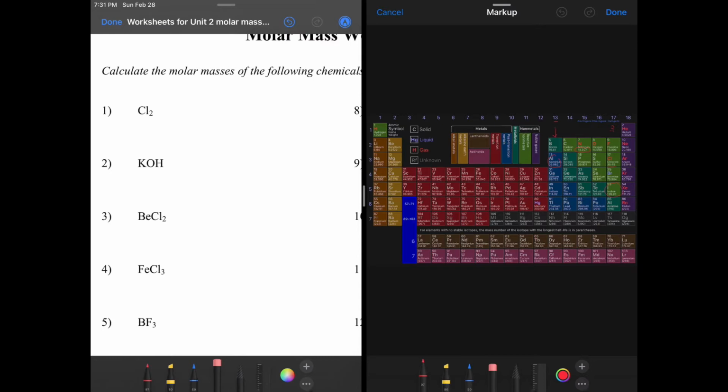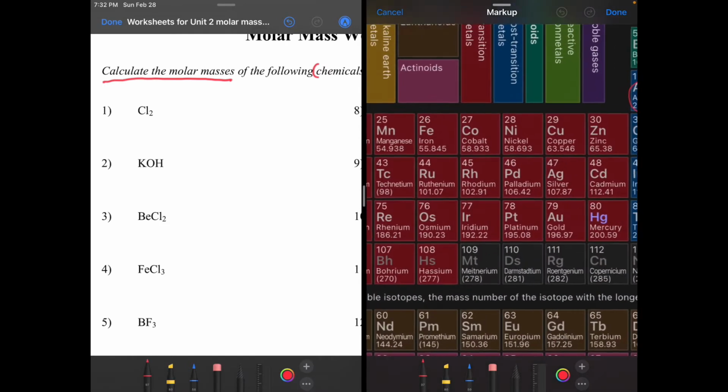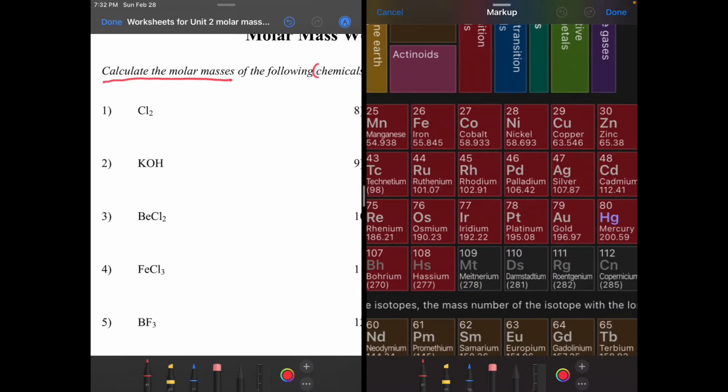Just over here, and we are going to talk about how to calculate the molar masses of chemicals. Obviously, if you were going to calculate the molar mass of a single atom, that is always given to you right here in the atomic mass unit.